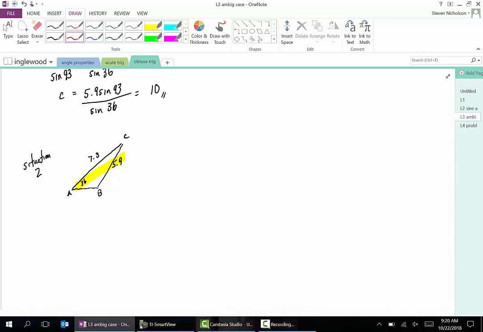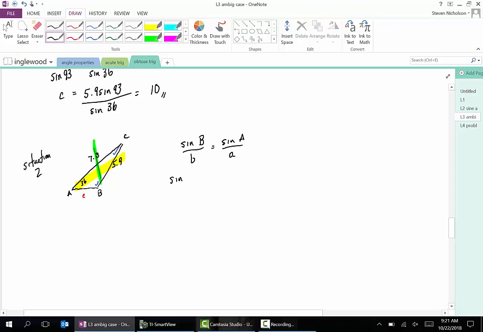but just as before, we want to find little c, so we need to find this first. So in order to find this, we're going to do exactly the same. We're going to go sine of b over little b is equal to sine of a over little a.